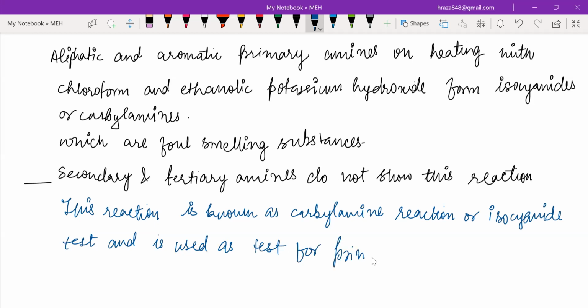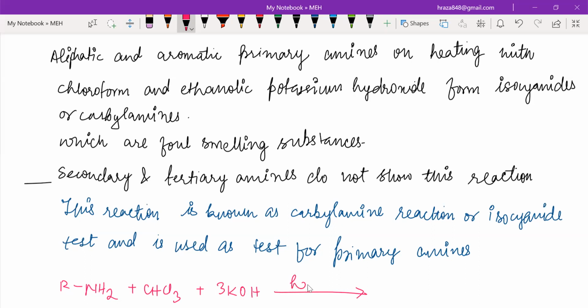So basically, the reaction is quite easy. This is the test for primary amines. If you have amines and you are going to react this with chloroform, you can see this is your primary amine. And if you react this with chloroform and ethanolic potassium hydroxide and heat it, then it will form isocyanide, KCl along with H2O.